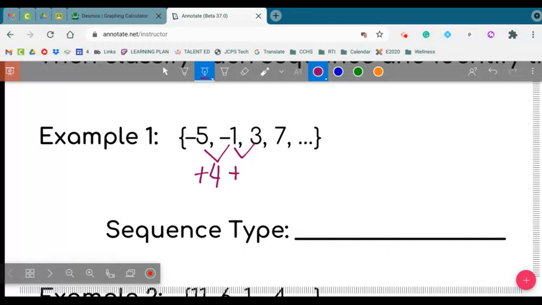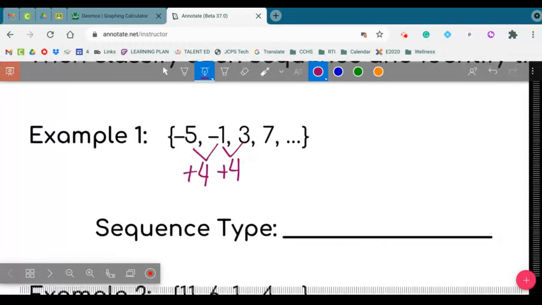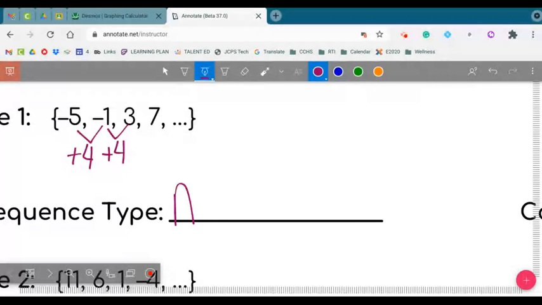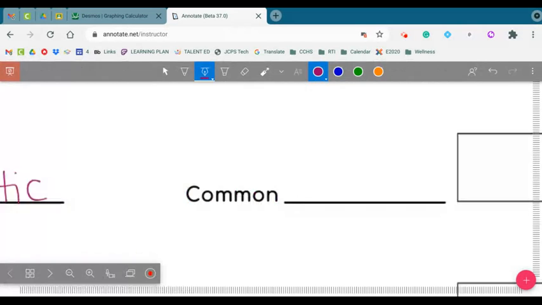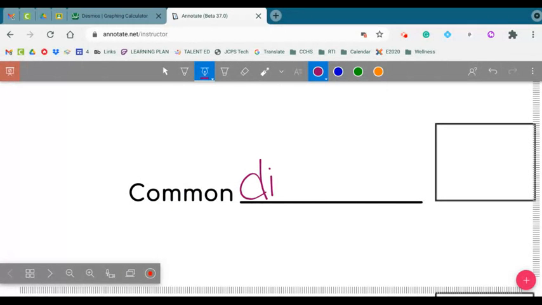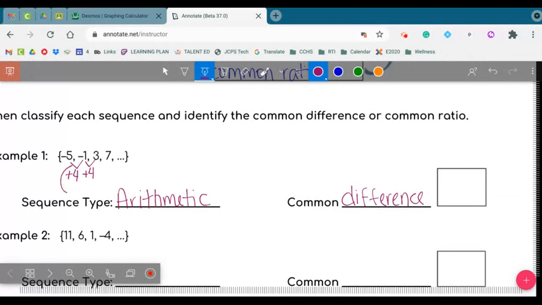Since it's adding, it's an arithmetic sequence. Since it's arithmetic, we're going to have a common difference, and our common difference is what we're adding each time, so plus 4.